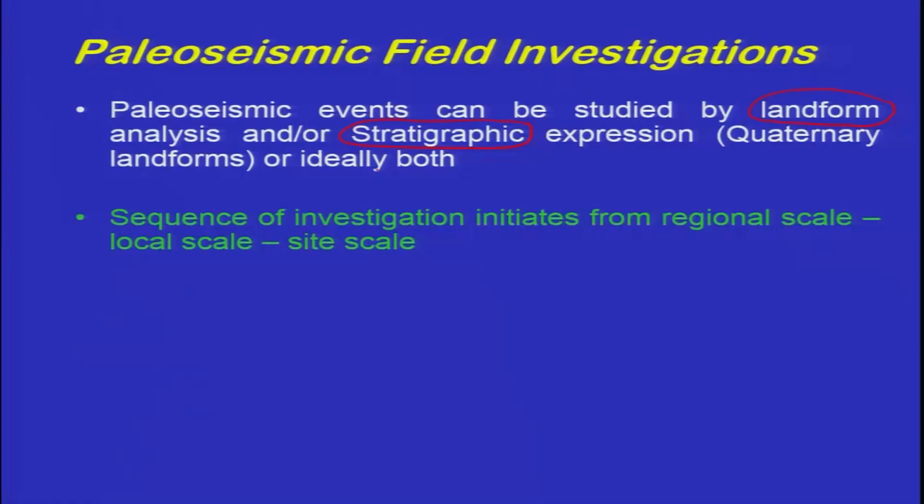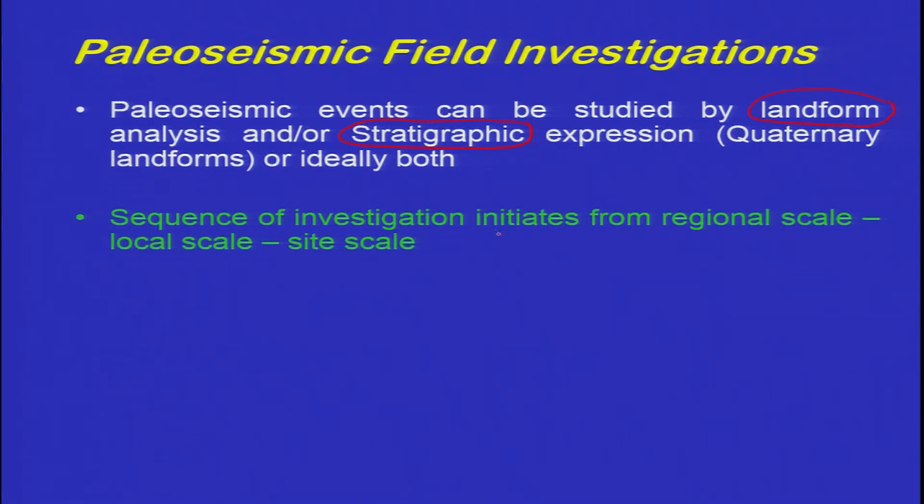So mostly we try to look at both in most of the cases. It is essential to look at the stratigraphic as well as the expressions which are preserved in landforms.